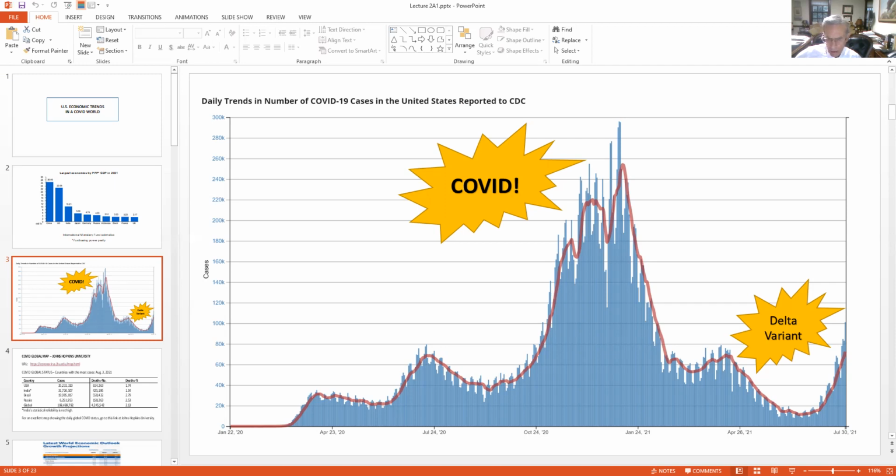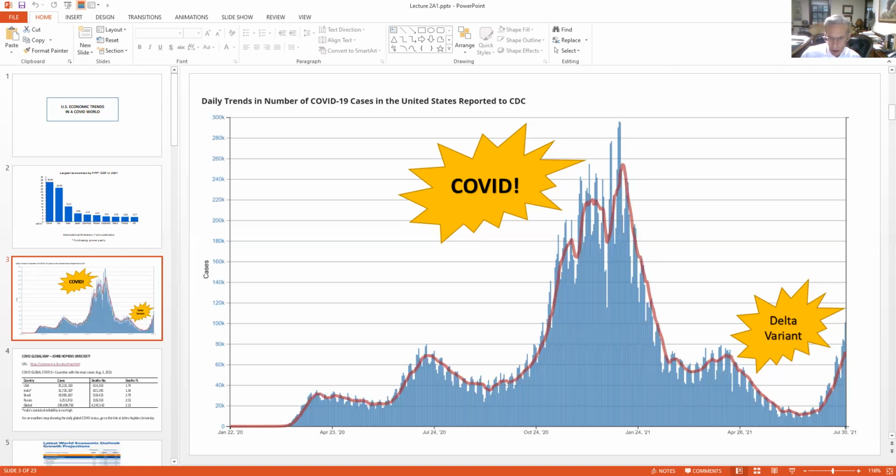And there is much in the news about the Delta variant, and among other things, how to manage it as folks go back to school. One of the problems with the Delta variant is that it is highly communicable, apparently about 8 times more than the original coronavirus.